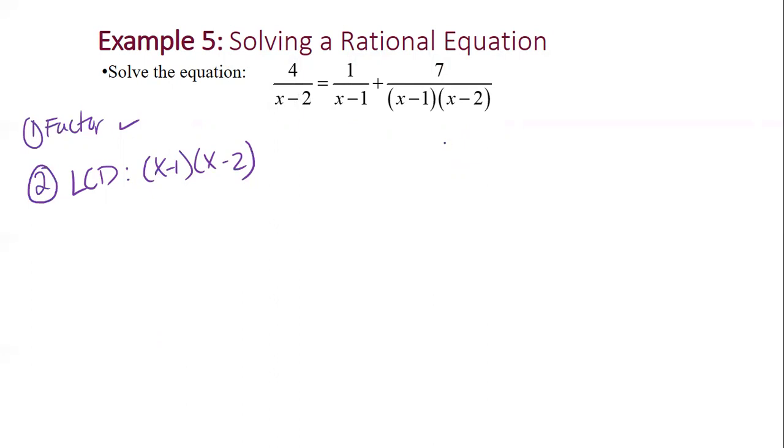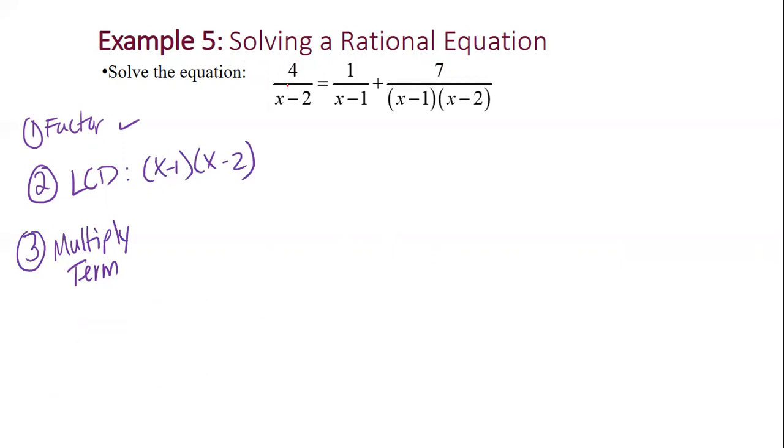Step 3 is to multiply each term by the LCD. What this is basically asking is: what is that term missing in order to look like the LCD?